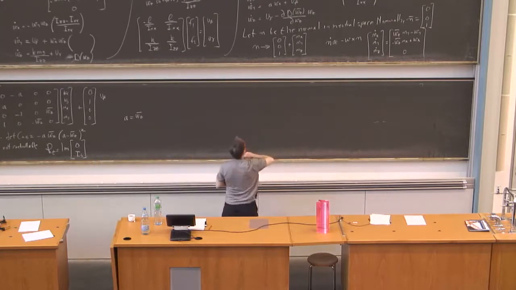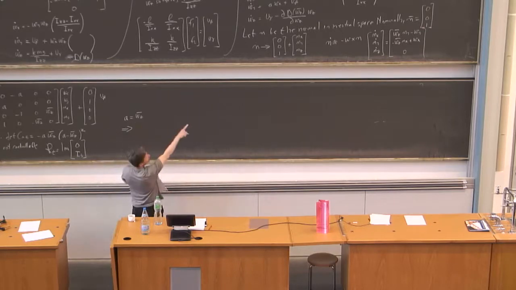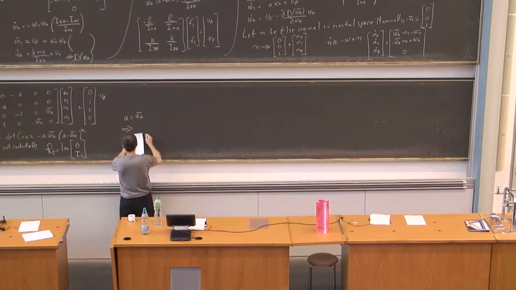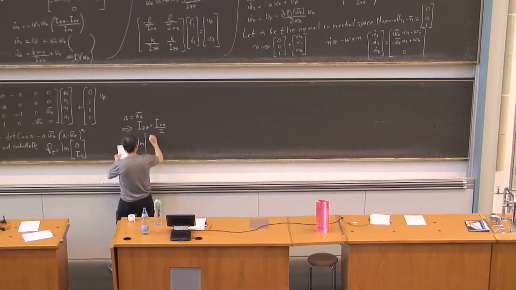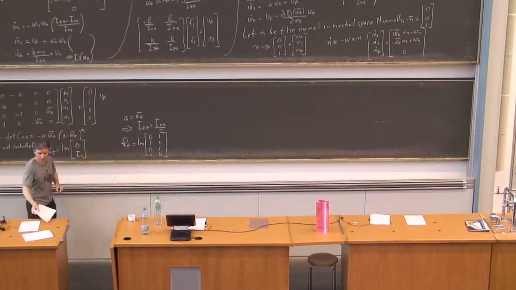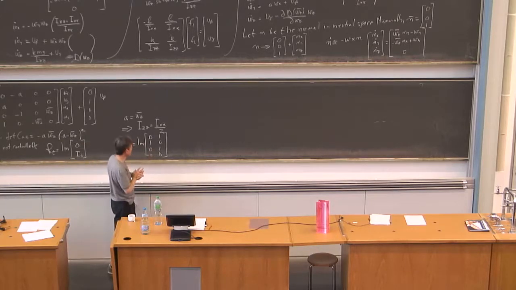A is a function of omega z bar, and this implies, if you just equate A to omega z bar up there, you get that Izz is equal to Ixx over 2, and in this case, the image space looks like [0, 1, 0, 0; 1, 0, 1, 0]. So this is what you can actually control. These are the states that you can reach. There are two things that are uncontrollable; the subspace of uncontrollable is dimension 2.